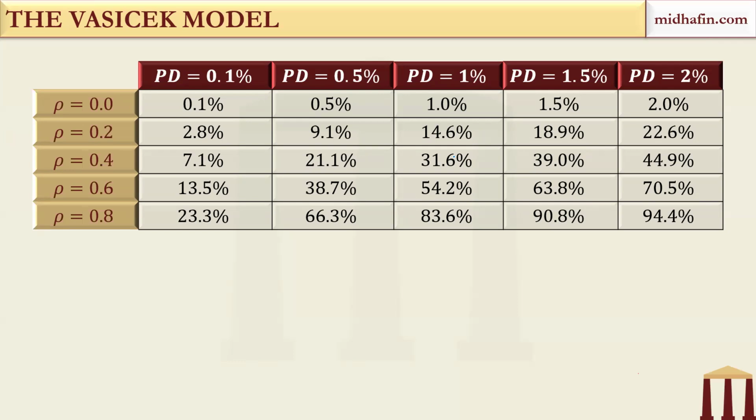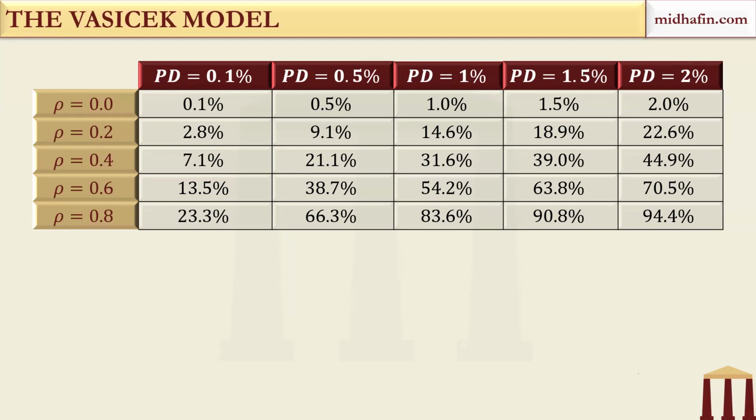In fact, this particular table focuses more on the combined effect. What happens to WCDR once these values of rho and PD are increased?